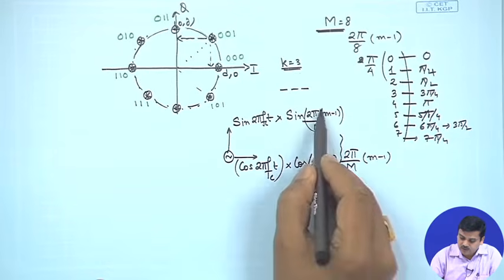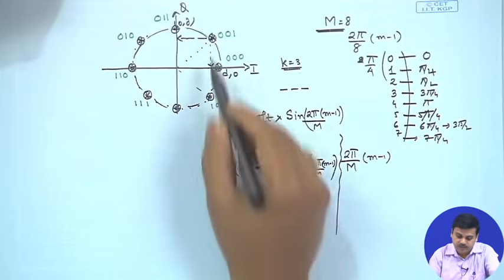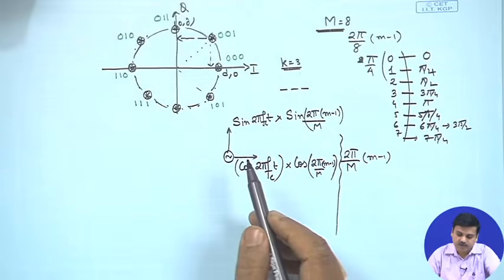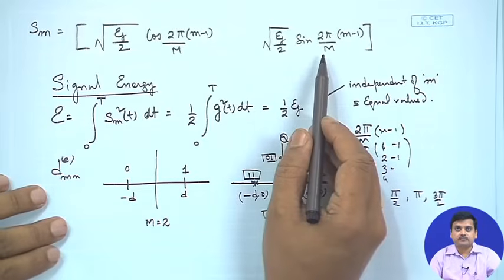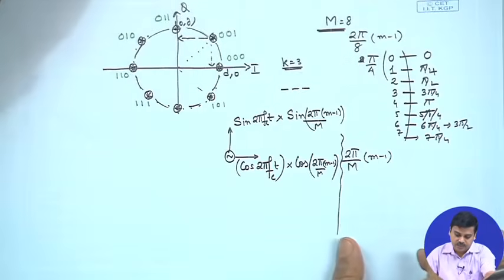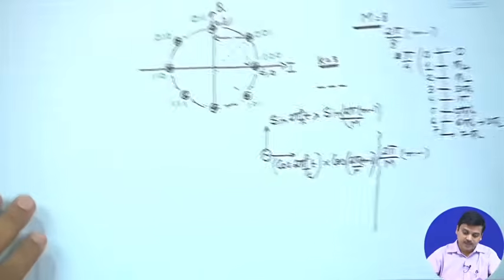If you choose different values of m, you are going to get these locations, and in vector form they could be easily represented as in here. That is one important thing which we should keep in mind.